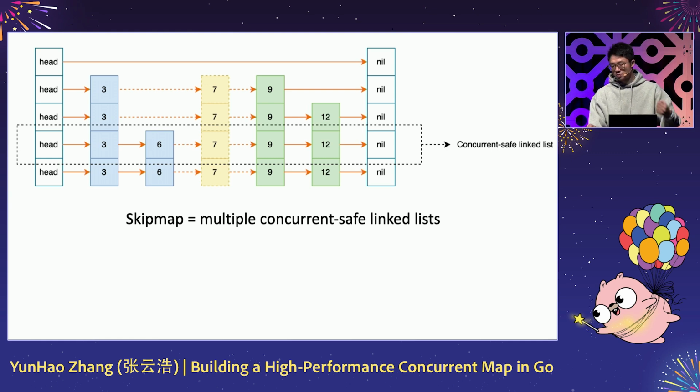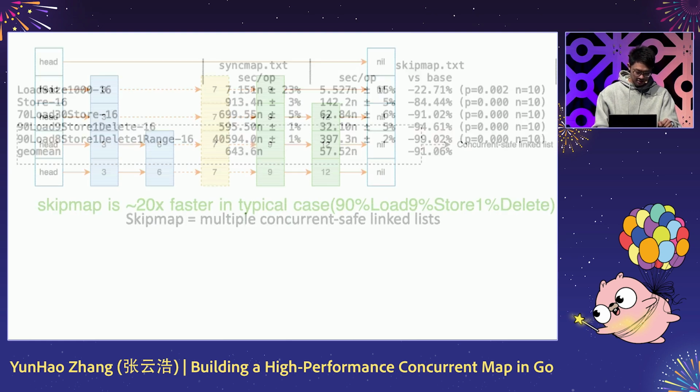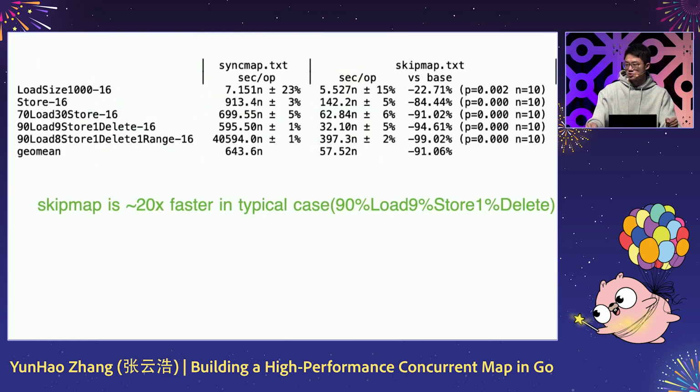So let's do a benchmark and check out its performance. Here are the benchmark results. We can see that it is about 20 times faster than the standard sync.Map in the typical case, and it is faster in all benchmark cases.